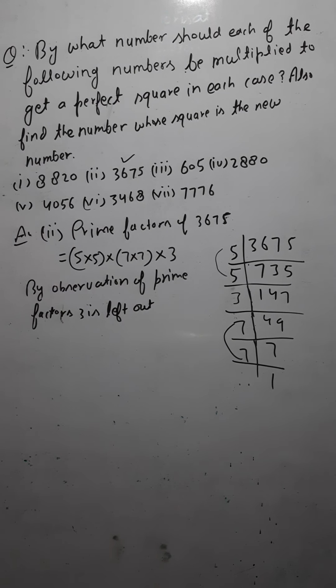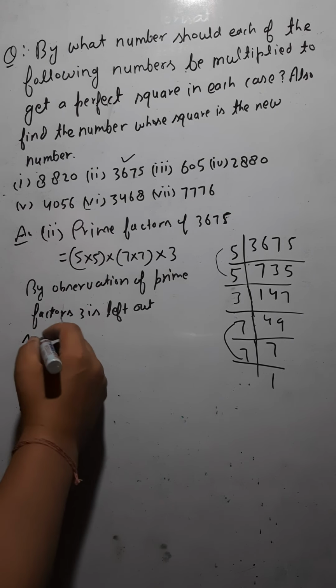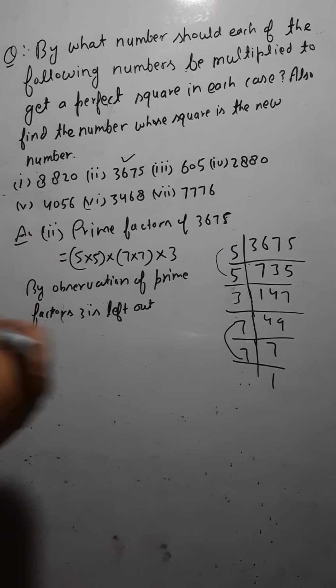So if you multiply this by one more 3, then 3 would also have a pair there. Are you getting it or not? So right here, multiply by 3.